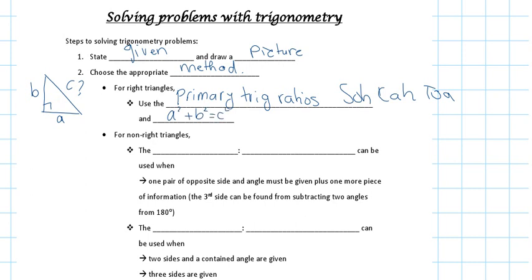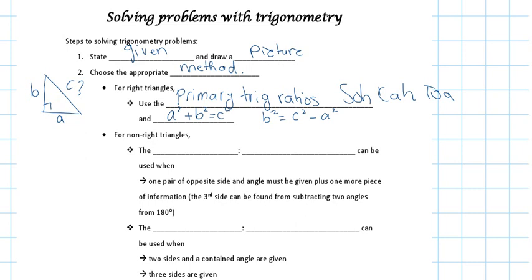Now, you can also have different variations of it. If you are given the hypotenuse and one of the sides, then you can look for the second side. Let's say you're looking for b, so it's going to be b squared equals c squared minus a squared, and this is where a lot of the mistakes happen. Remember that c squared is your hypotenuse.